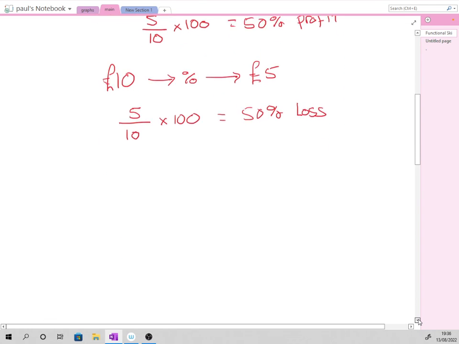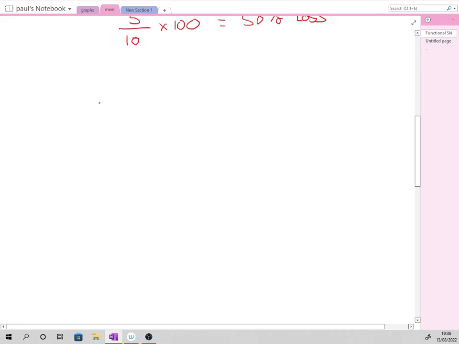Now you can have other things where you buy something for £20 and you make 10% profit. And what's the final outcome? What do you sell it for? Yeah. So you just go back to a previous way. It's just a different way of writing these back to front.